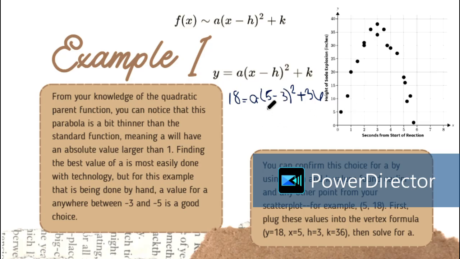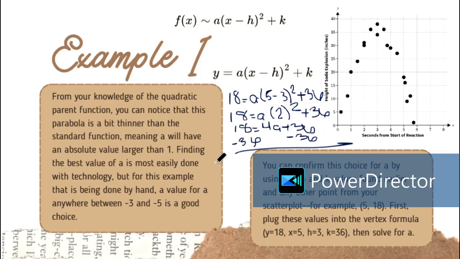PEMDAS says that we need to do parentheses first. So we have 18 equals a times 2 squared plus 36. Now we need to do exponents. So we have 18 equals 4a plus 36. Now we just need to solve for a, so subtract 36 from each side.